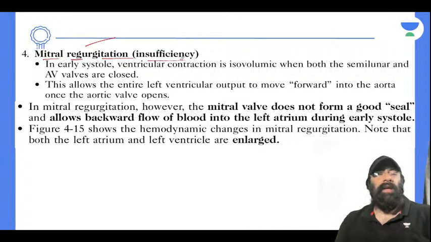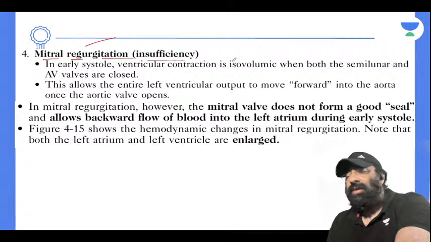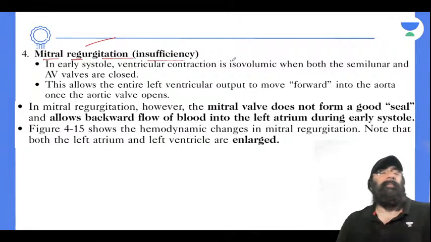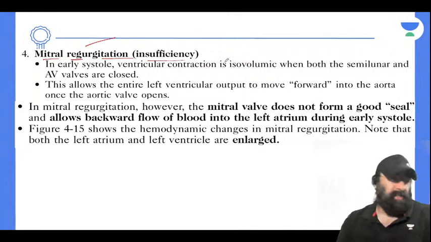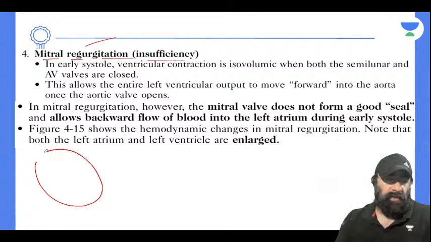All right. So we are talking about mitral regurgitation. So let's talk about mitral regurgitation, insufficiency. Here the same thing is happening, a similar thing. This is the particular valve.